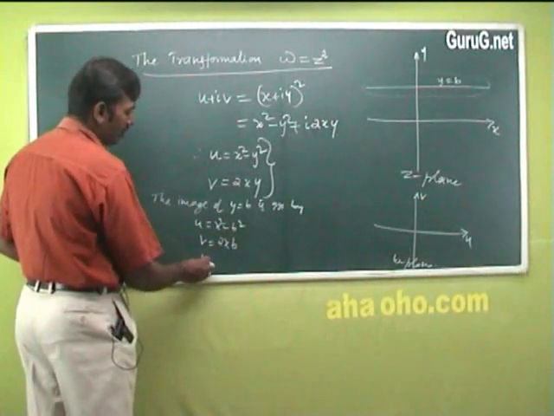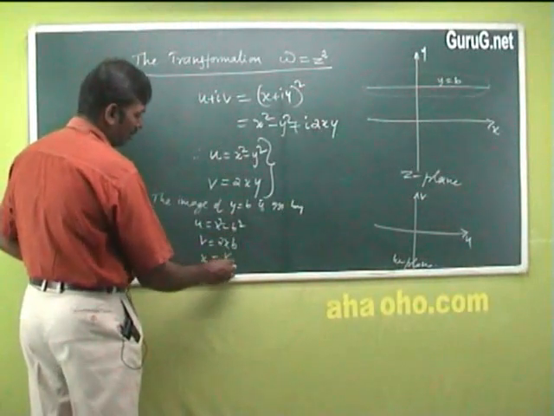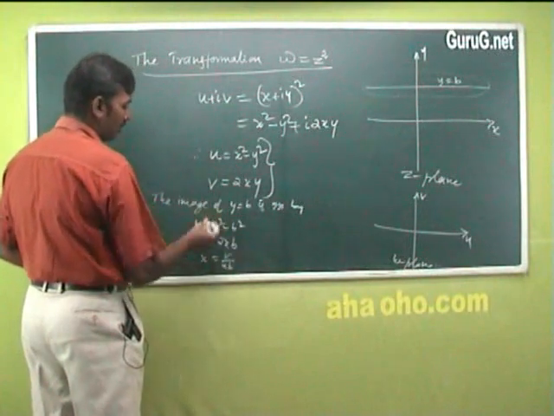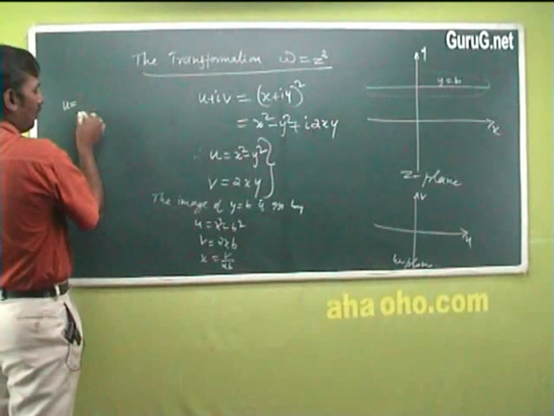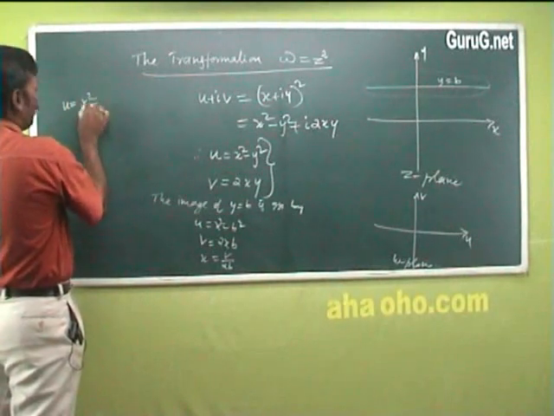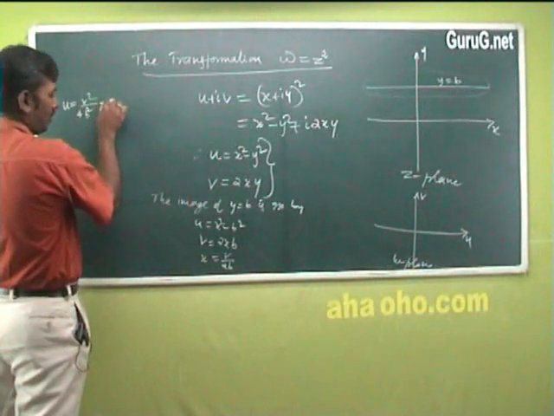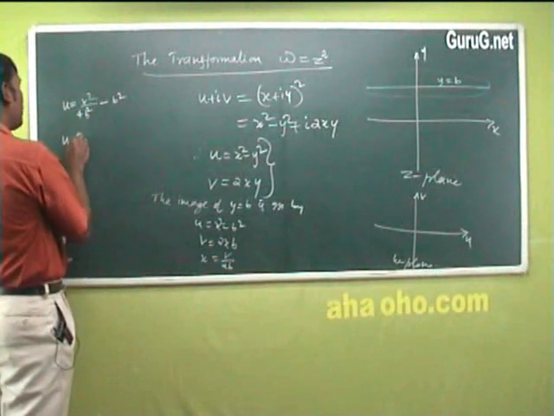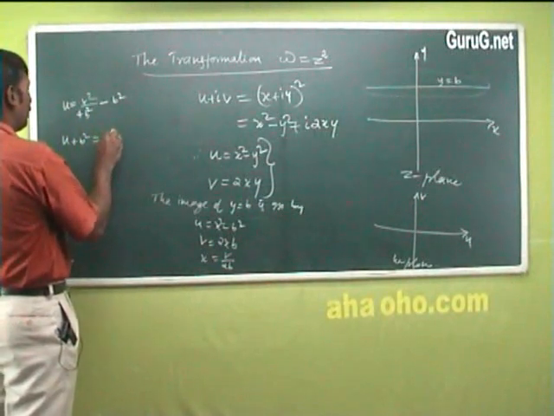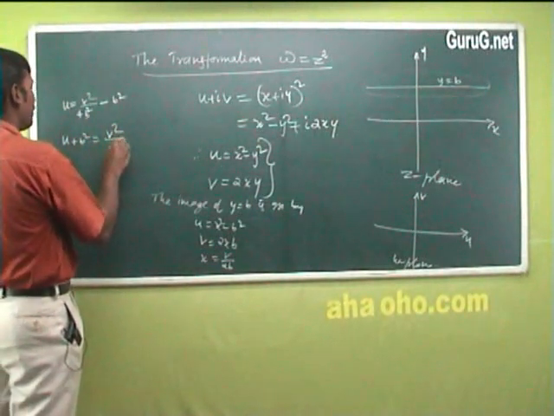So what is x? v by 2b. You substitute in this, you get u equal v squared by 4b squared minus b squared. Now u plus b squared equal to v squared by 4b squared.